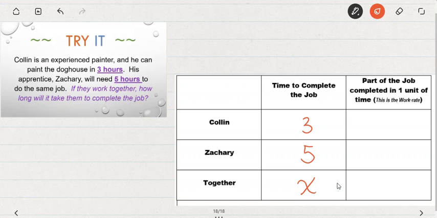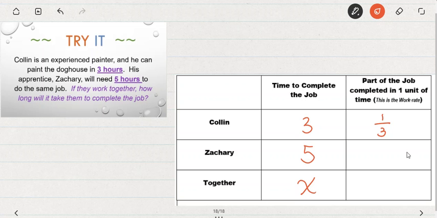The next step is to convert this time into a rate of work. How fast does Colin work? His work rate would be 1/3, because if he had 1 unit of time, in this case 1 hour, he'd complete 1/3 of the job.